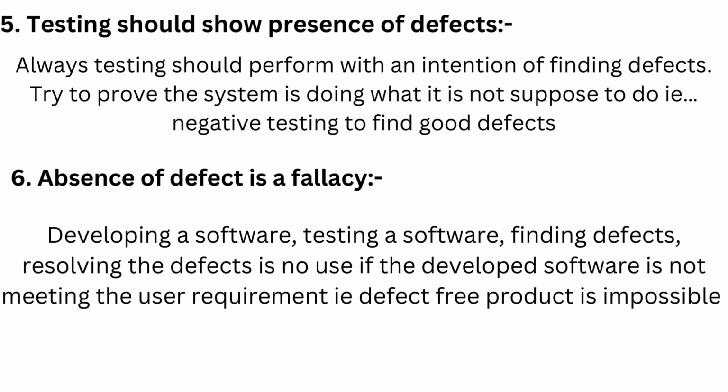Okay, so next one, absence of defect is a fallacy. Here, what he's saying is that developing a software, testing a software, finding defects, and resolving the defects is no use if the developed software is not meeting the user requirements. For example, WhatsApp is an application. We tested the WhatsApp functionality and did not find any issues.